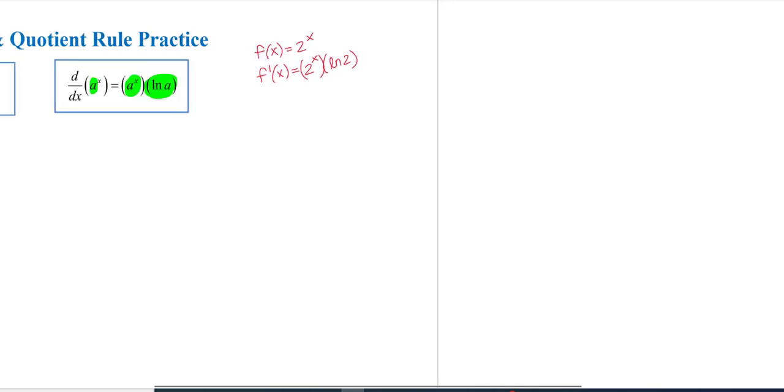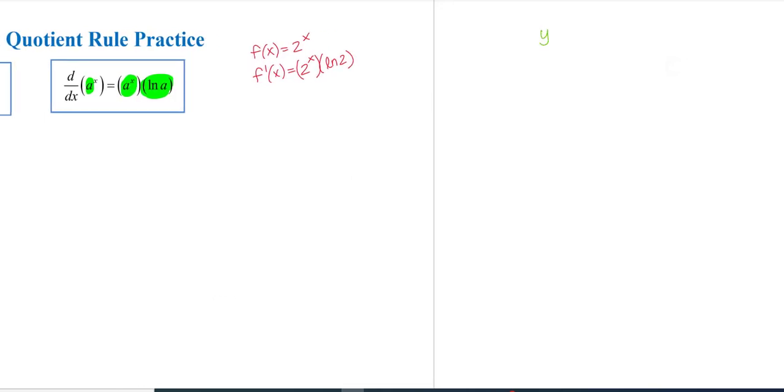Okay, now fundamentally, I want to make sure you understand one difference. So I'm going to go off to the side here real quick. You have seen so far functions like y equals x squared. That's a polynomial where my base is my variable and my constant is in my exponent. That needed power rule for the derivative.